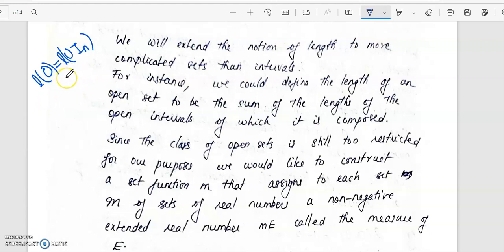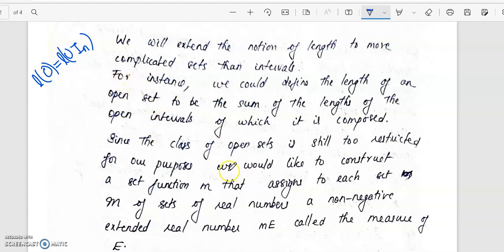There can be open sets, closed sets, and sets which have neither of the behaviors. For any type of set, let us look at what the length is, and in general what is the measure of such a set. Any arbitrary set is given to you, so let us look at how to measure a set.